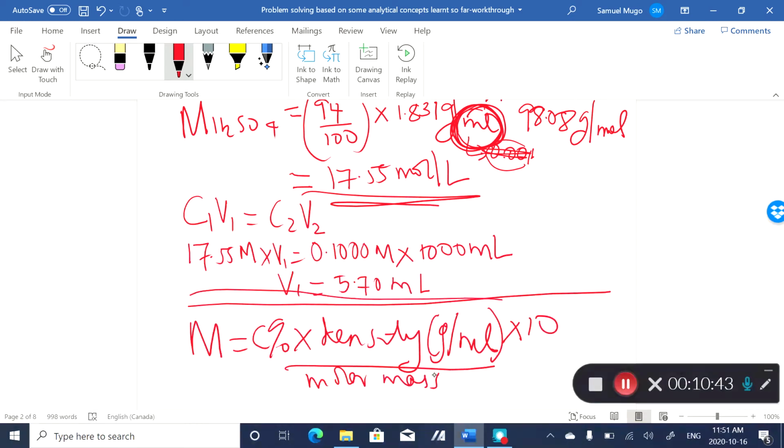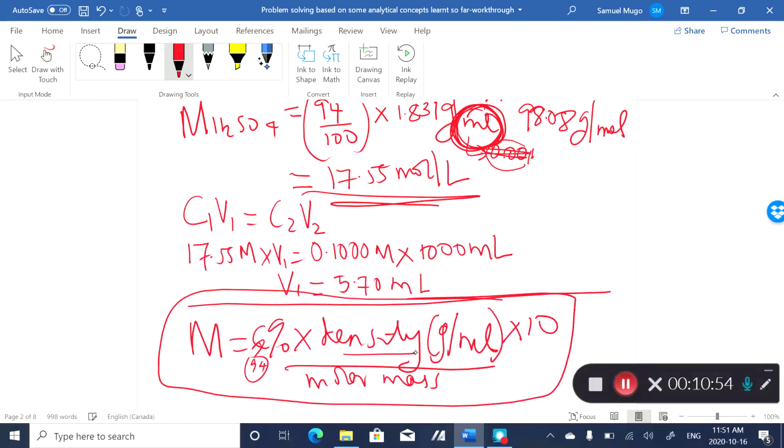So if I were you, I would remember this relationship, and it's fairly easy. All you're going to need to do is substitute 94, and then the density in grams per mil, whatever you've got, 1.831, and that's it. Multiplied by 10 and divided by the molar mass, you'll be able to get this. And so this is the relationship that typically you would use.